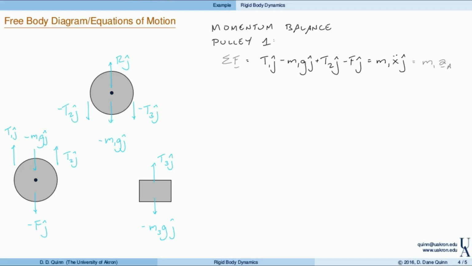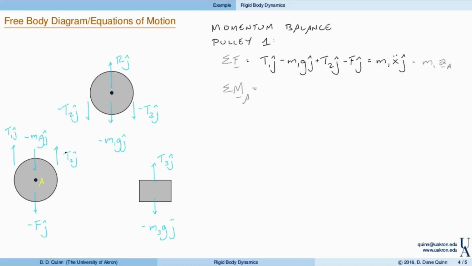Then, angular momentum balance is the sum of the moments about A, and again remember that A is the mass center of this pulley, equals, well, the moments produced by all of these forces. Notice that the applied force acts through A, as does the weight, so they produce no moment about the mass center.